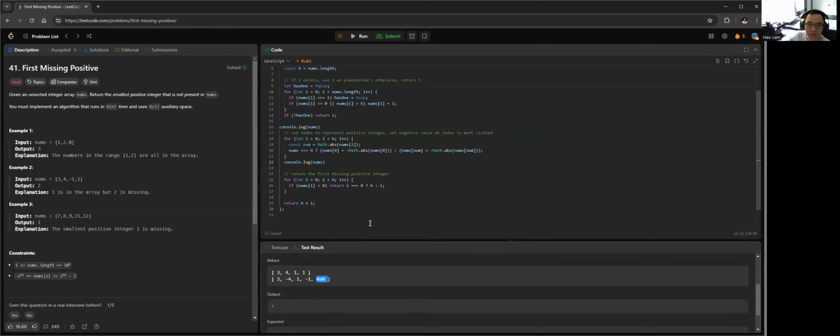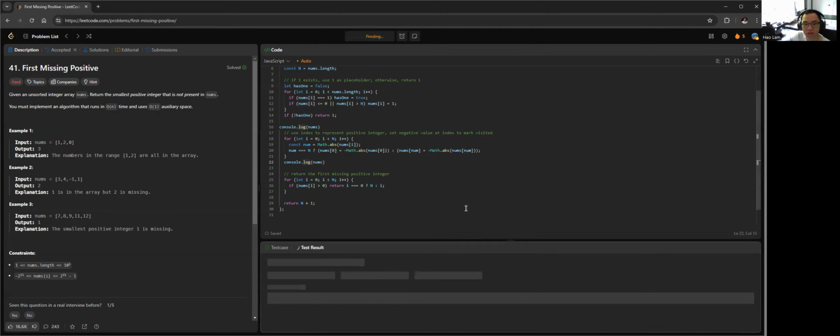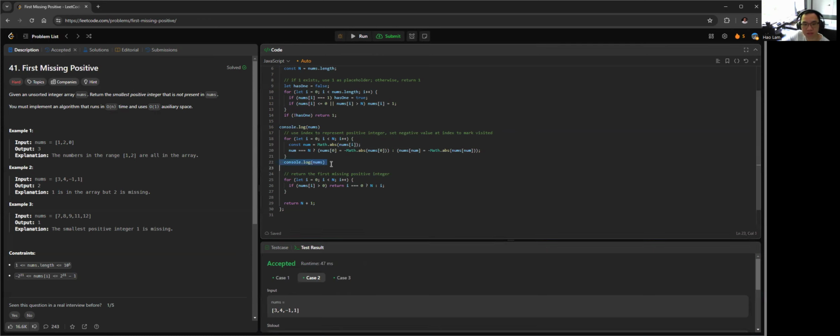We only go from 0 to, oh, right here. Num, not nums. Num is right. We have to check the num. If num is equal to n, we can use index 0 to represent that. Yep, now it's accepted. Just a typo there.